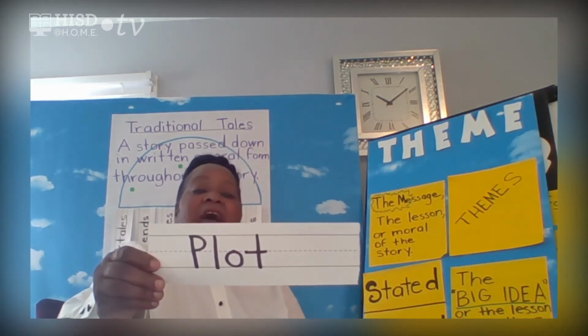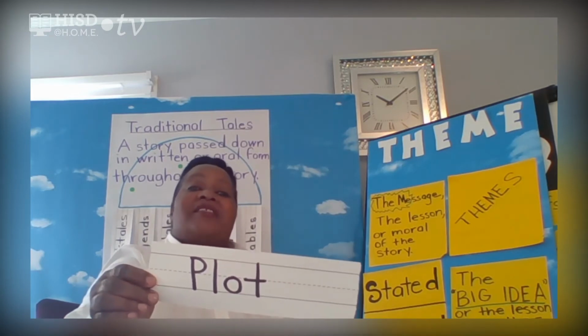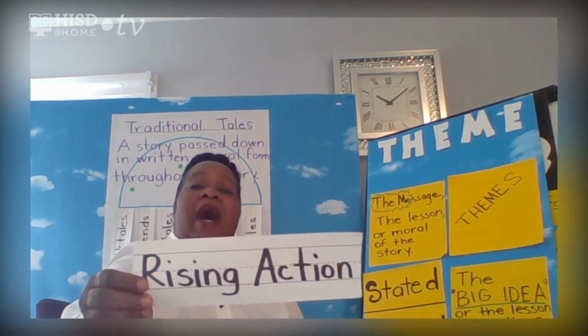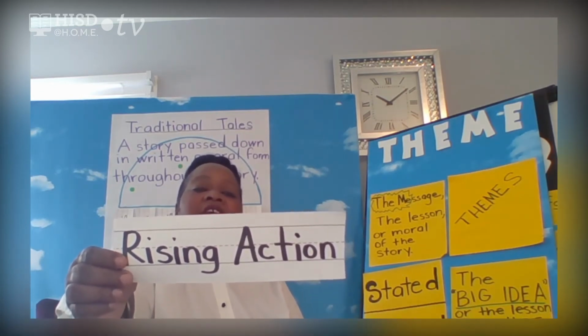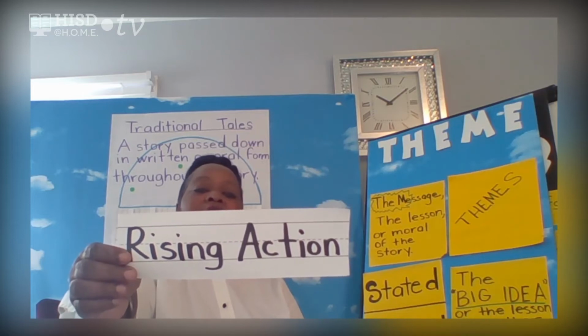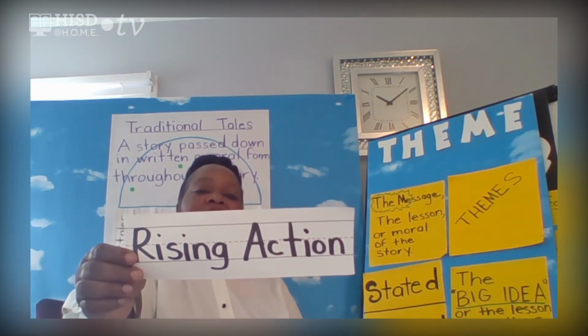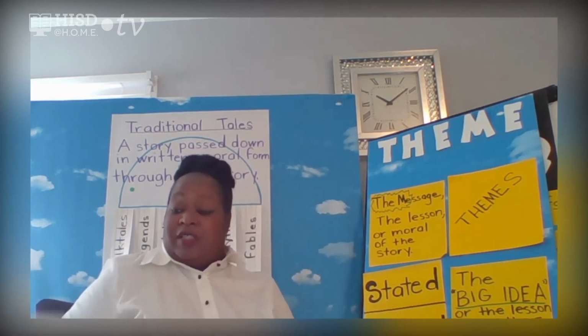Plot, a story's organizational structure. We have the rising action. This is where the suspense, tension, conflict is required in all stories. This is where the suspense and the tension starts building in all stories.